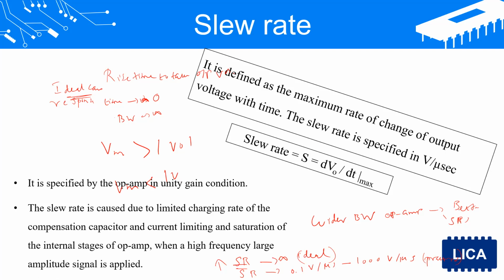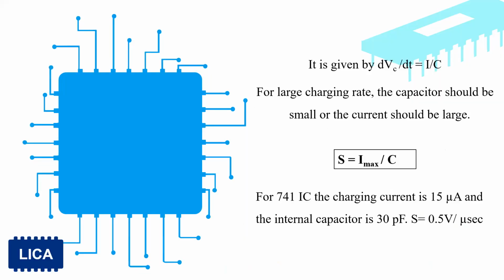What causes slew rate? A capacitor within or outside the op-amp. This capacitance prevents the output voltage from responding immediately to a fast changing input.